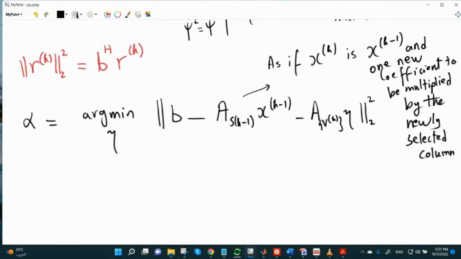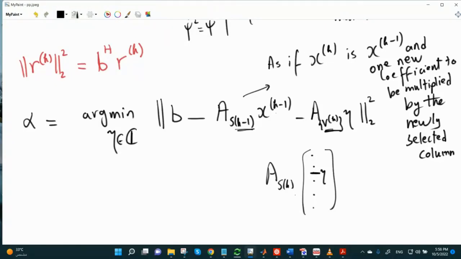So basically eta here is just a scalar. Remember that S of k is the union of set S of k minus 1 and v of k. So we have this set, and those guys are copied from the previous iteration, and then there is only one component that will be optimized.